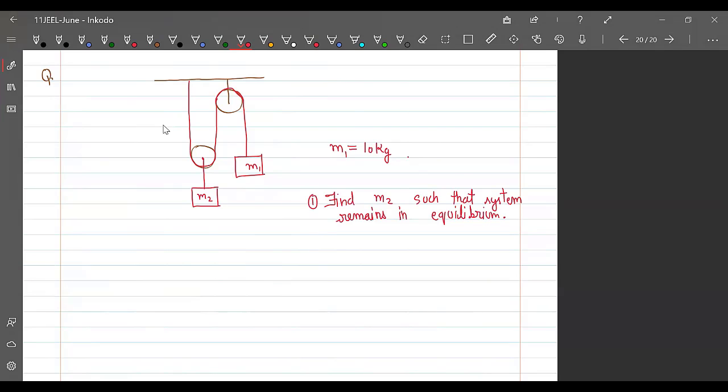And after that, suppose tension in this wire is T1 and tension in this wire is T2. And the force applied by this rod that is T3. After that, find T1, T2 and T3.